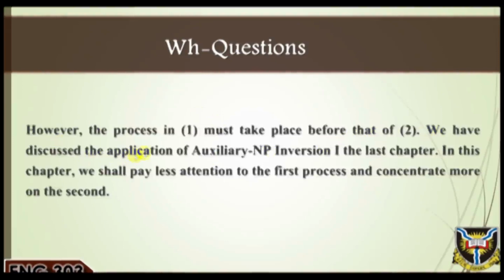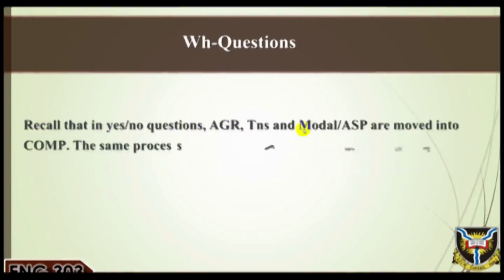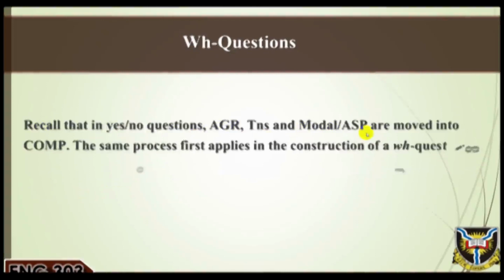We discussed the application of auxiliary-NP inversion in the last chapter. In this chapter, we shall pay less attention to the first process and concentrate more on the second. Recall that in yes or no questions, AGR, TNS, and modal or ASP are moved into COMP.